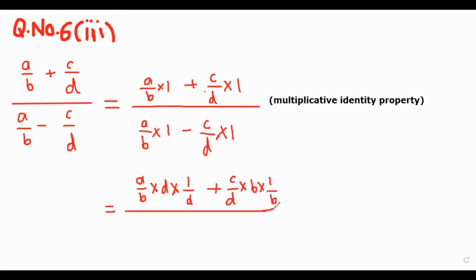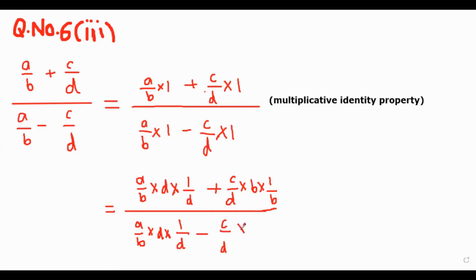The similar process is going to be done for the whole denominator as well. That means a by b cross d cross 1 by d, minus, because here is the minus sign, so this minus sign is going to be written here. So minus c by d, because this is c by d, while this one will be written as b cross 1 by b, because the previous fraction has the denominator b.